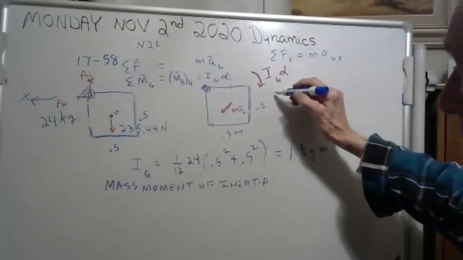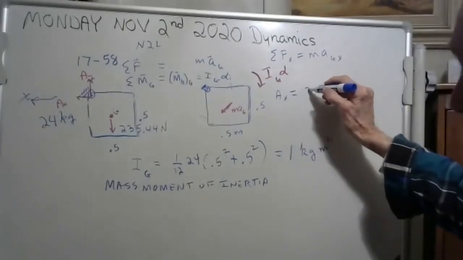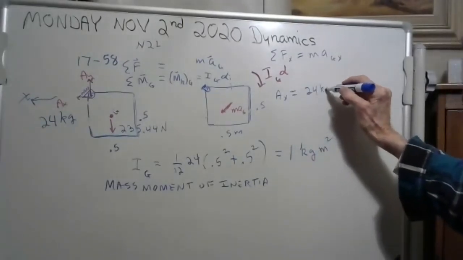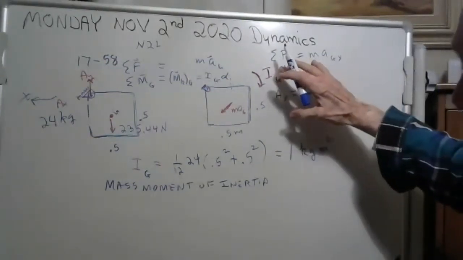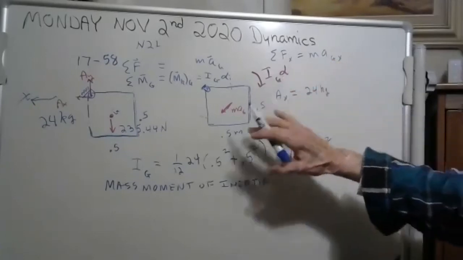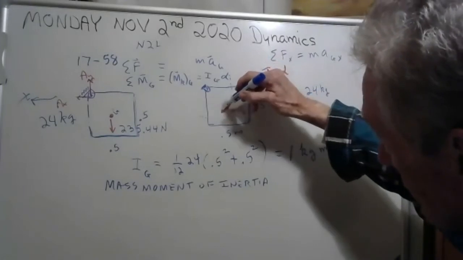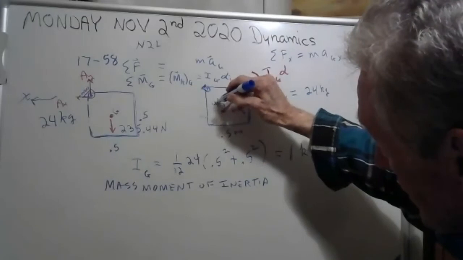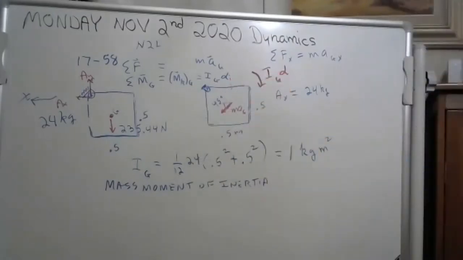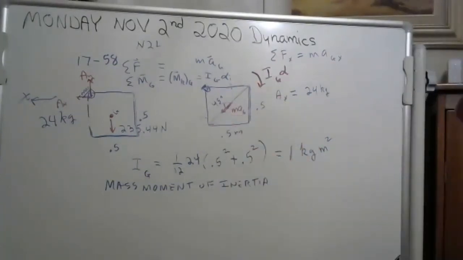So what I have there is A_X equals the mass times m a_G x. Well, this is m a_G. If you want the x component, I think that's 45 degrees. Can you tell? I mean, it's a square, and if you go from corner to corner, yeah, it's 45 degrees.